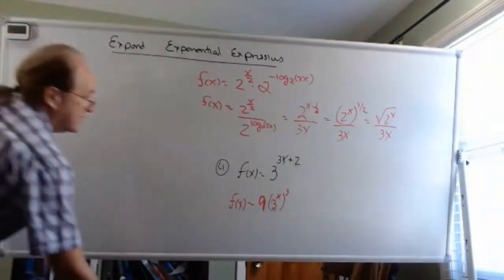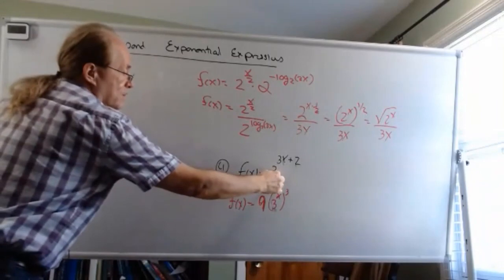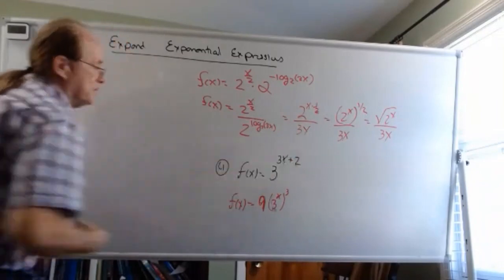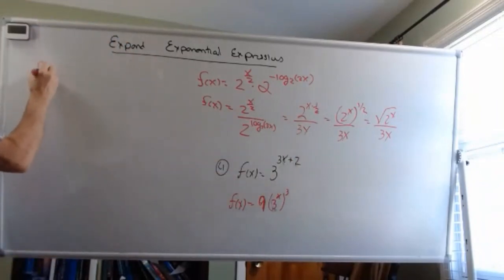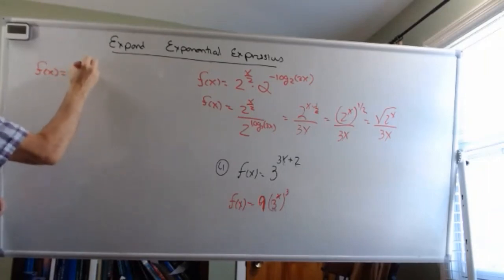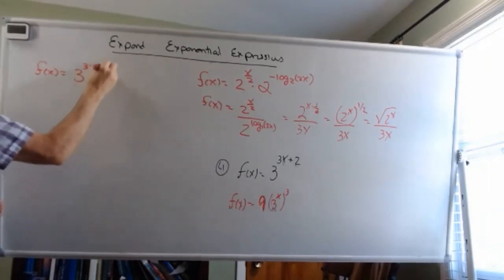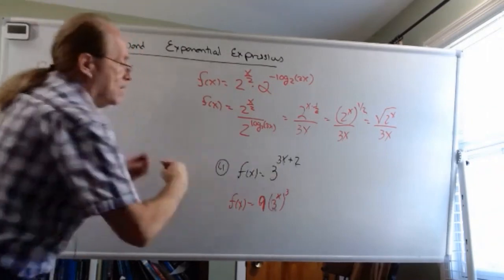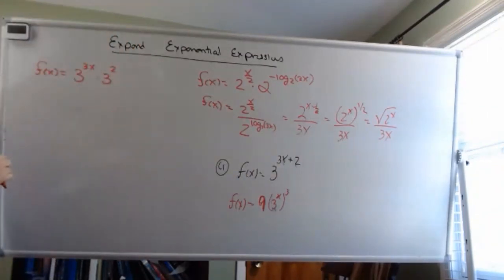So I have a base to a power with a sum. I can have my f of x equal to 3 to the 3x times 3 to the second. So I'm undoing the first rule of exponents. Well, 3 squared is 9, so I can move that to the front, times 3 to the 3x.